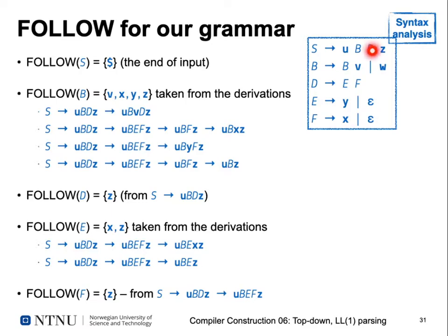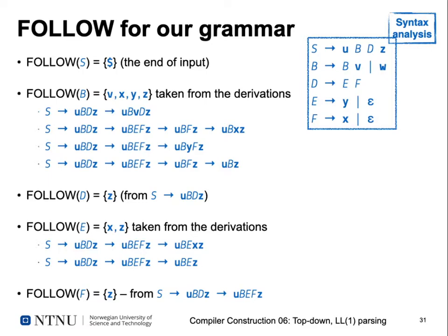So this D just resolves to 2 epsilons, so we read no single input character for all of D. So U, B, Z would be the last production here, which is resolved. So Z can also be a follow character for our non-terminal symbol B. And then we've finally gone through all the possibilities of resolving B, which is fine. So we're done, and we have this follow set for B here.